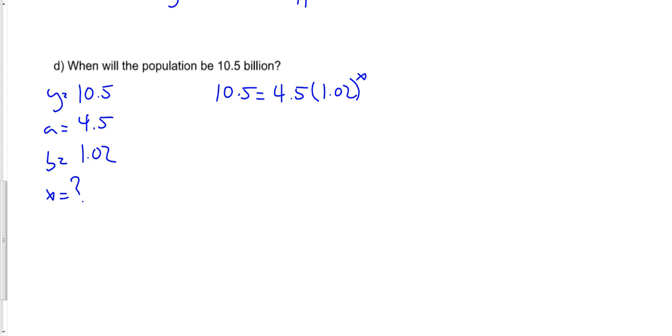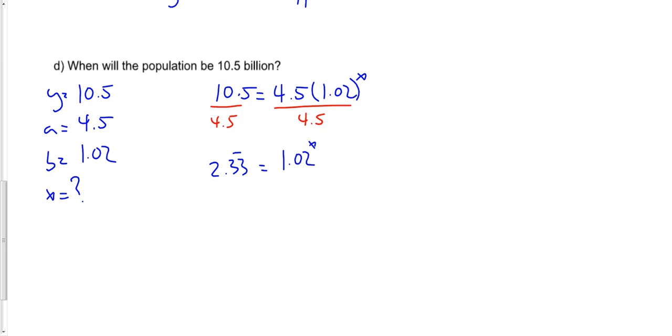So now what I need to do is get this 4.5 over. So I'm going to divide both sides by 4.5. And that's going to leave me, so 10.5 divided by 4.5 is going to leave me with 2.33 repeating is equal to 1.02 to the exponent x.